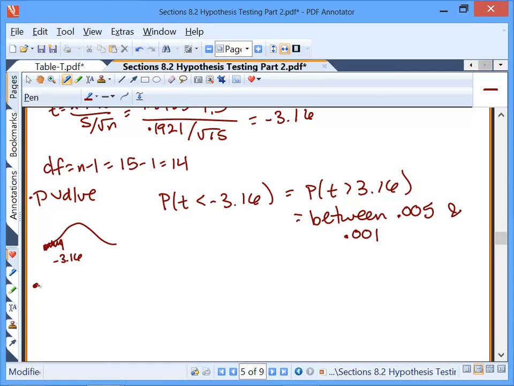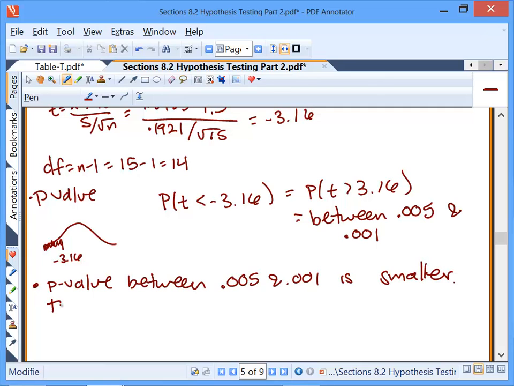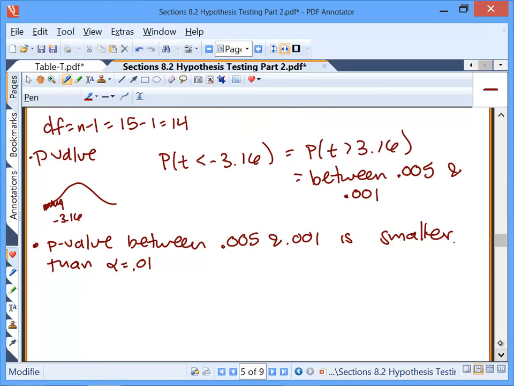Is that p-value, between 0.005 and 0.001, bigger or smaller than alpha equals 0.05? Smaller. So if we have a small p-value, we get to reject the null hypothesis.